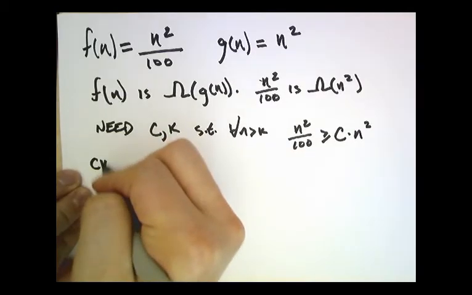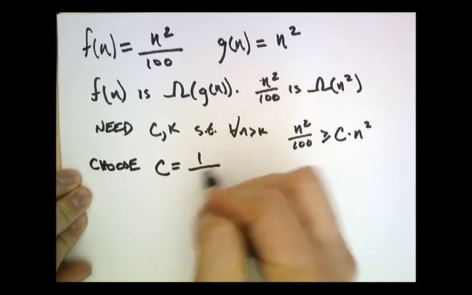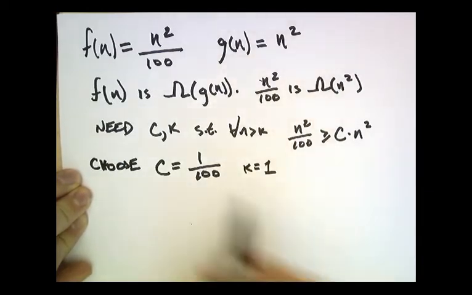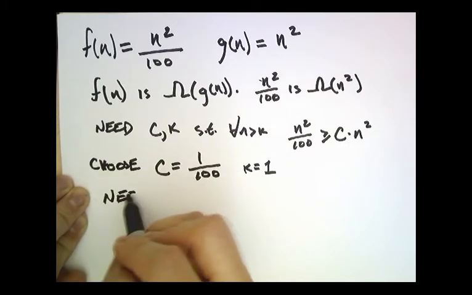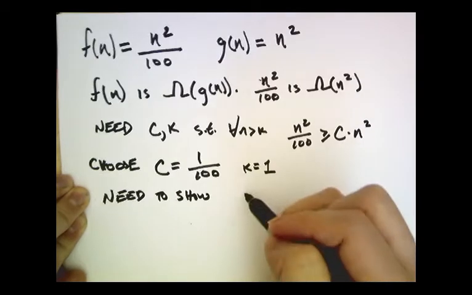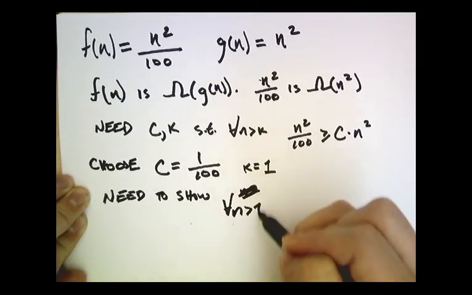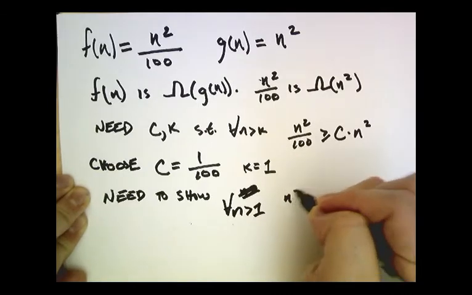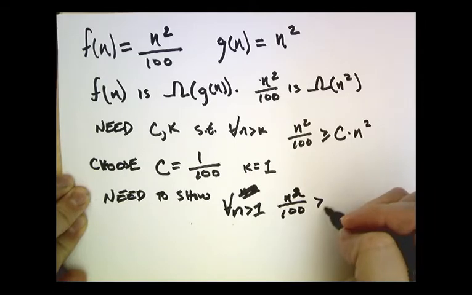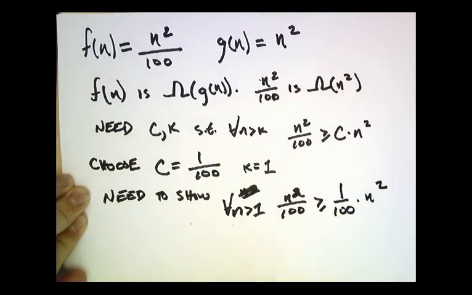So I'm going to choose c to be 1 over 100 and k to be 1. Then we need to show that for all n greater than 1, n squared over 100 is greater than or equal to 1 over 100 times n squared.